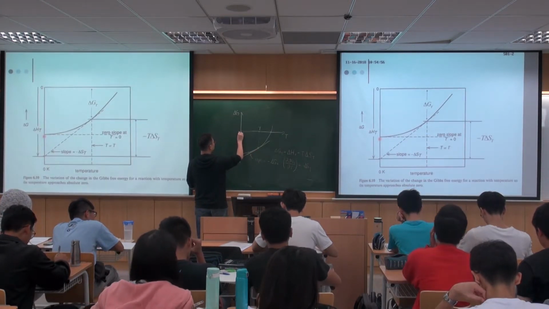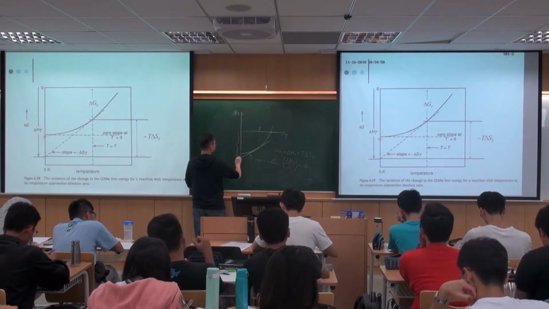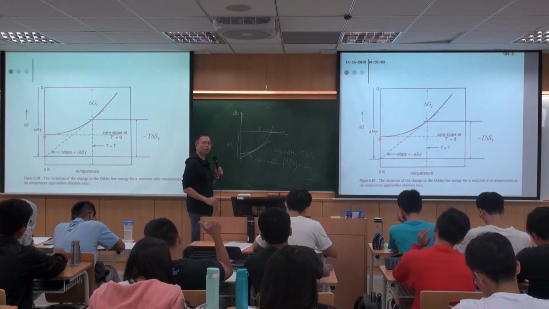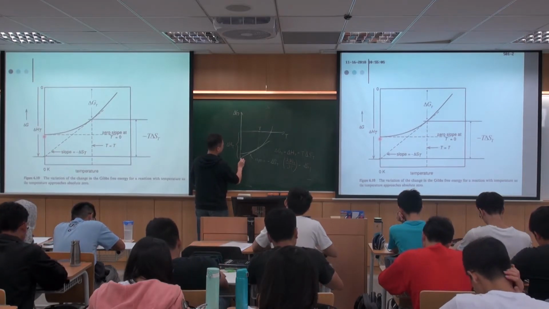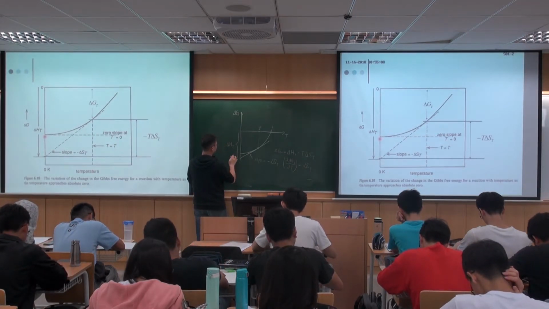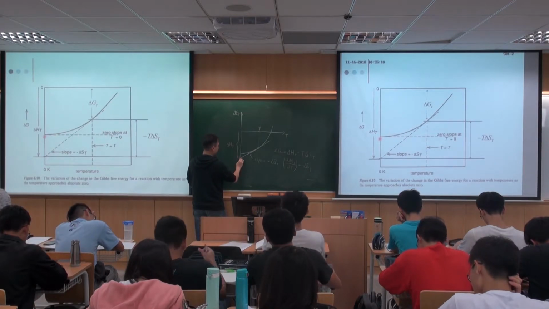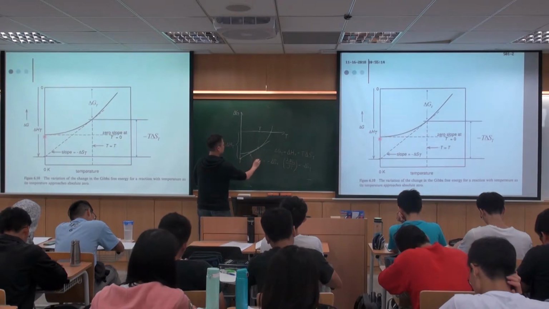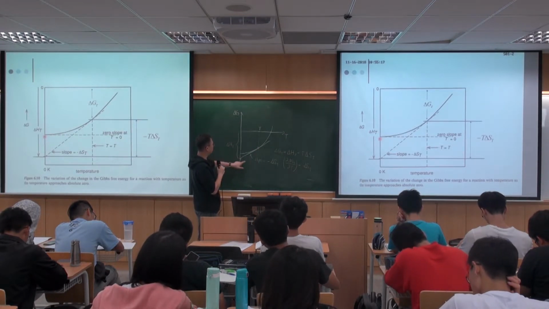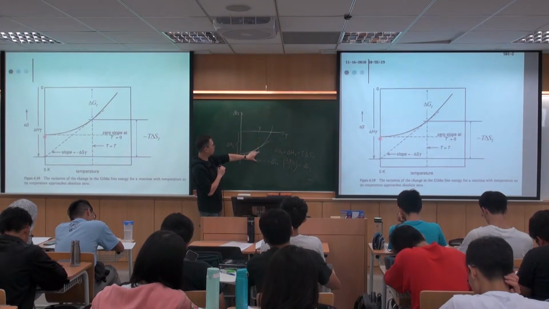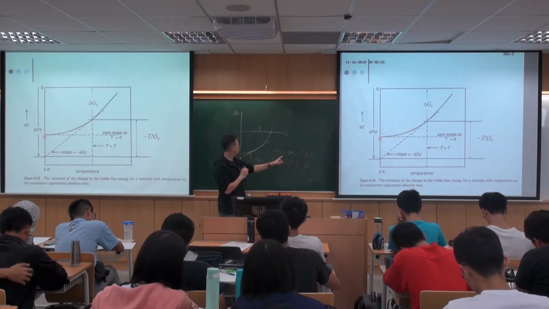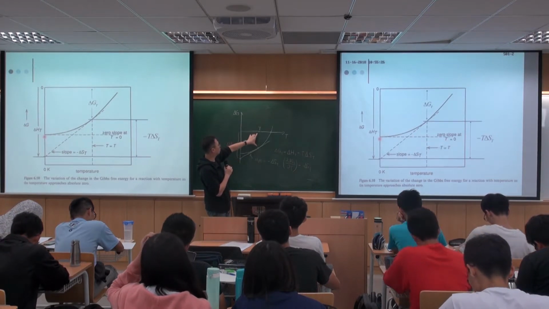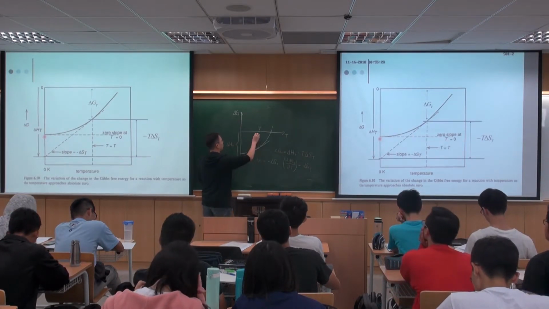And therefore, this is delta H. If you look at the plot over here, this intercept is delta H(T), plus this is delta S(T) times T. But this is a minus sign, so basically you'll retrieve the delta G over here.